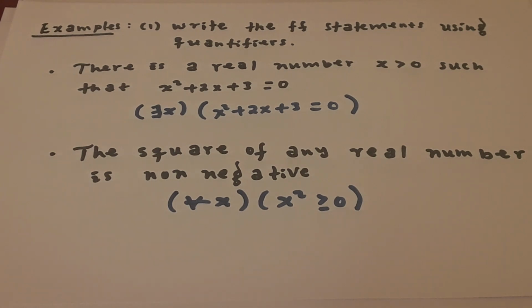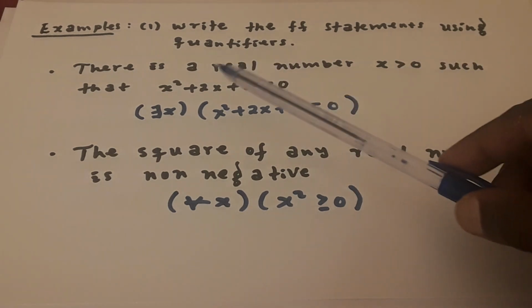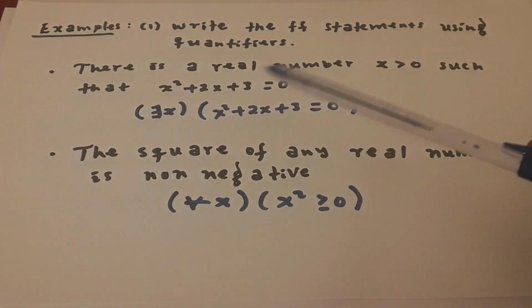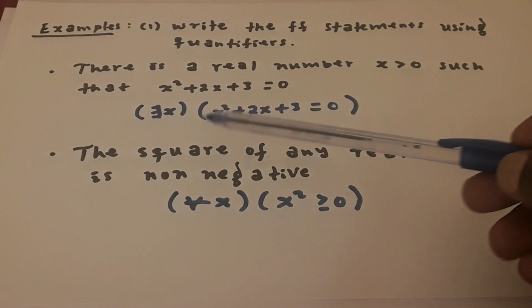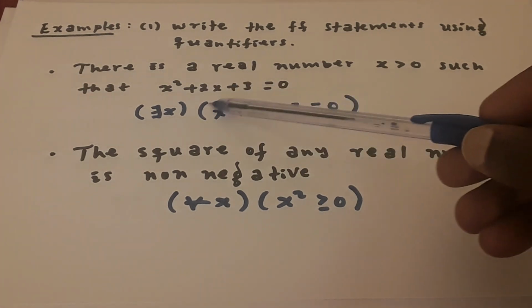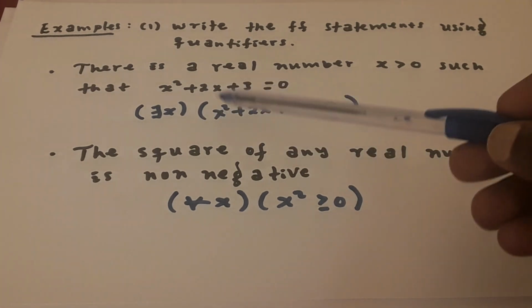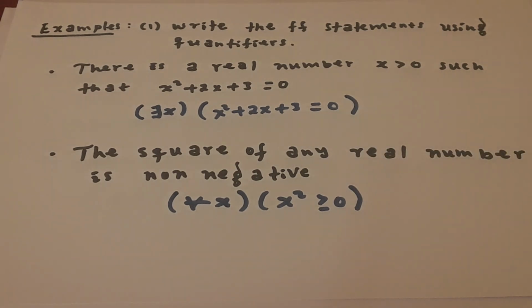Write the following statement using quantifiers: there is a real number x greater than 0 such that x squared plus 2x plus 3 equals 0. Because there is, as you remember from before, it is represented with the backward E. So there is a real number x such that this proposition holds: x squared plus 2x plus 3 equals 0.